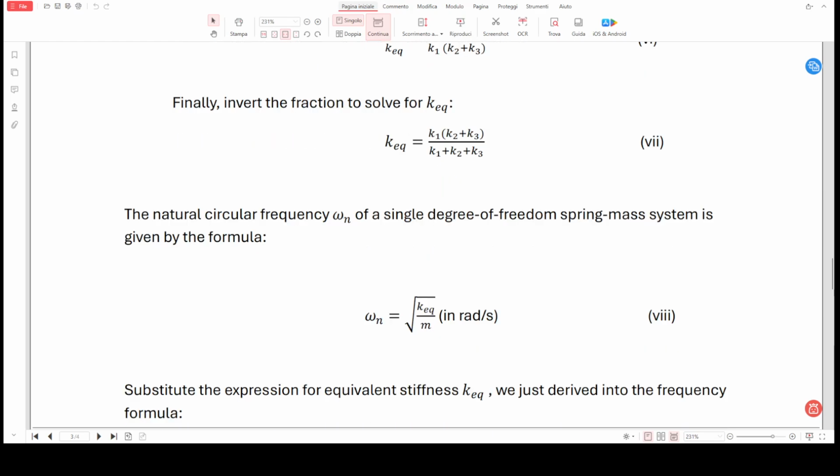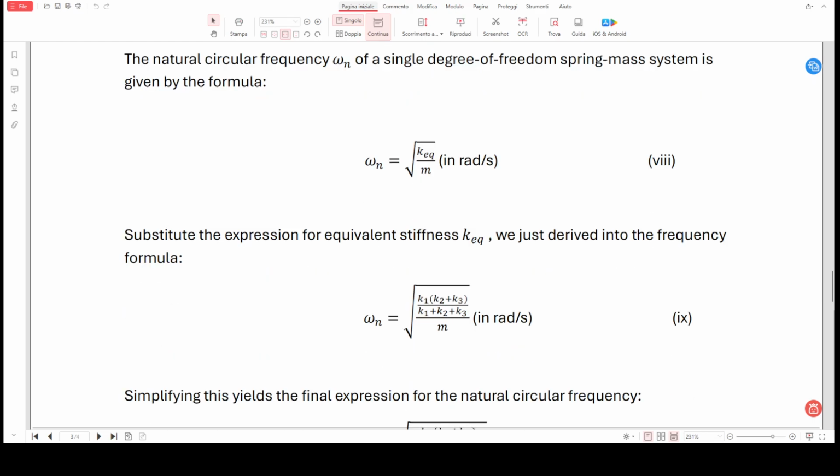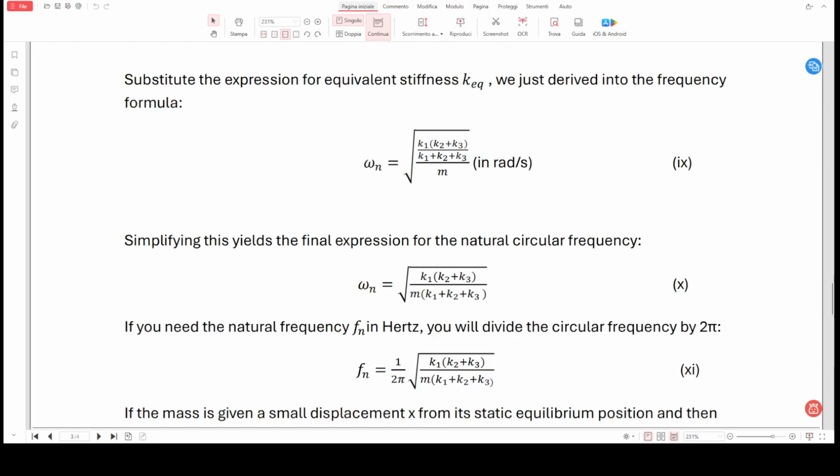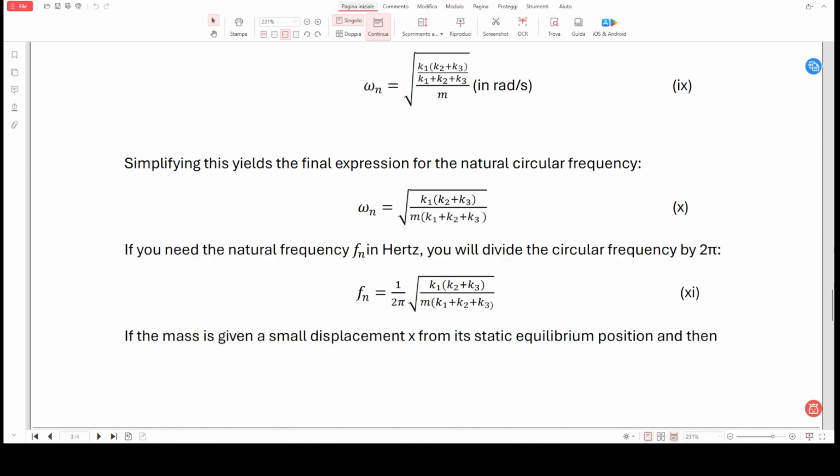The natural circular frequency omega is given by this formula, so we can rewrite it in this way, and finally omega n is equal to the square root of kappa 1 times kappa 2 times kappa 3, divided by m times the sum of the three stiffnesses, kappa 1 plus kappa 2 plus kappa 3.